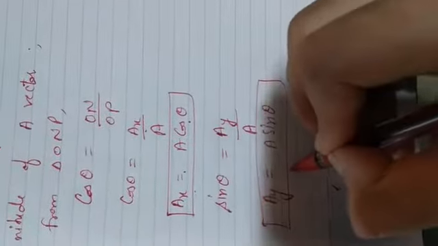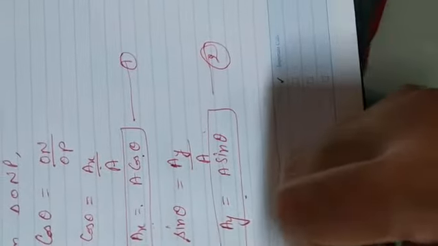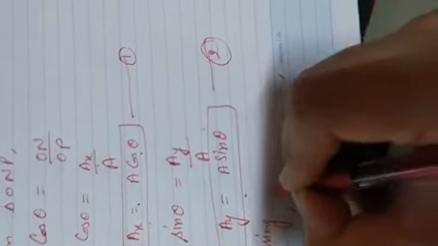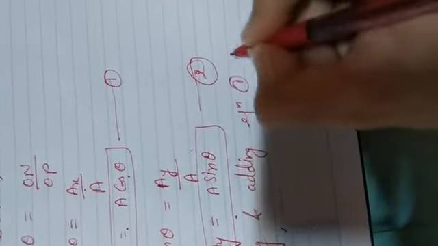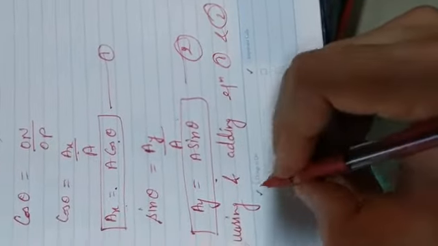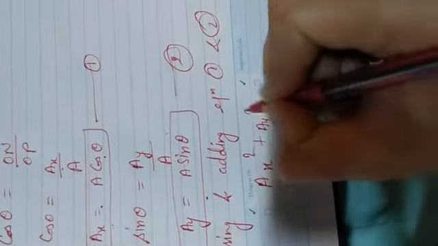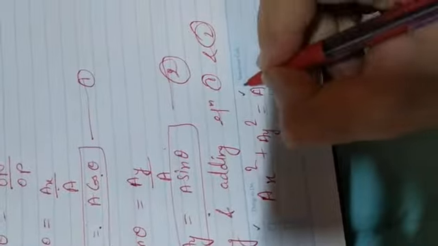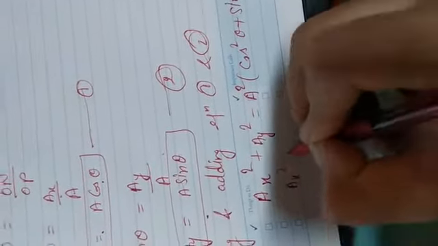Now from the first and second equation, squaring and adding, we can do this: Ax square plus Ay square equal to A square cos square theta plus sin square theta. Then Ax square plus Ay square equal to A square.